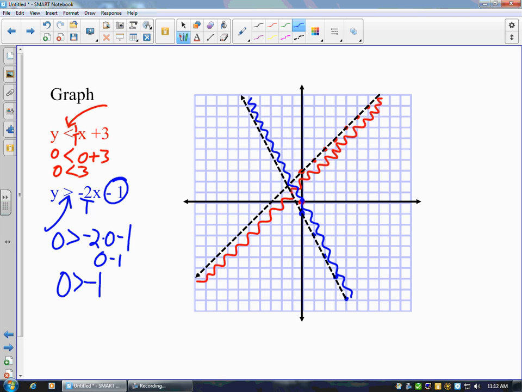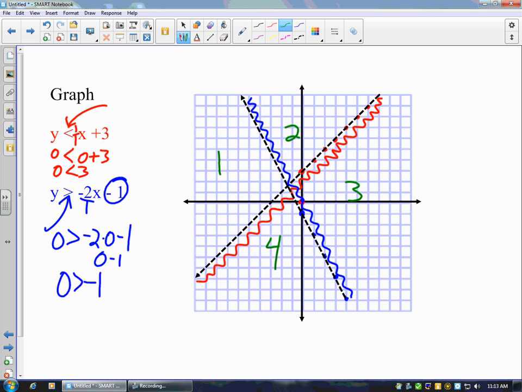Now, I want you guys to notice how this breaks up our graph into 4 sections. We have 1, 2, 3, 4 sections that these 2 lines cut it into. Now, we can see how section 1 has no shading whatsoever.